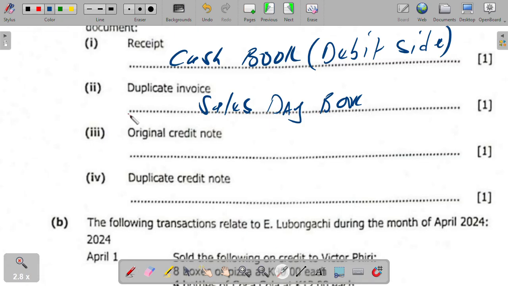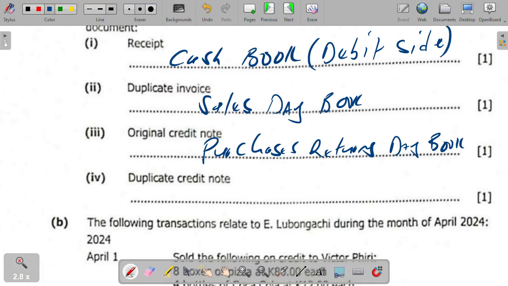Roman numeral 3, original credit note. Which book of prime entry do we record this original credit note? We are recording this in what we call the purchasers returns day book.